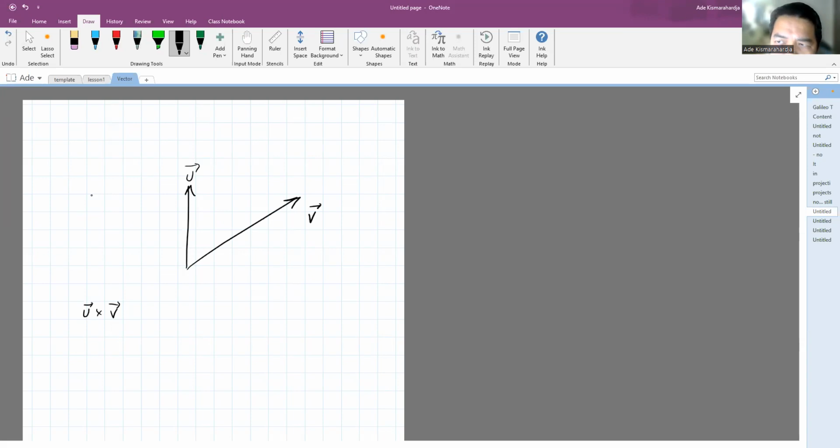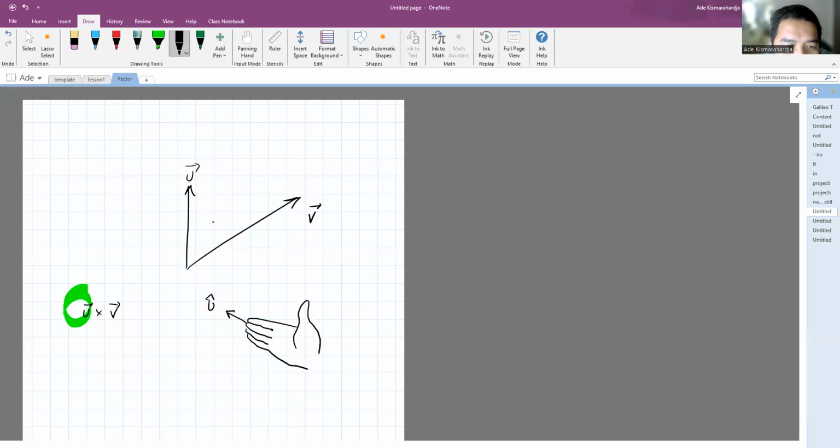Essentially, when you look at your right hand, the four fingers here, first of all, are pointing to the first vector.